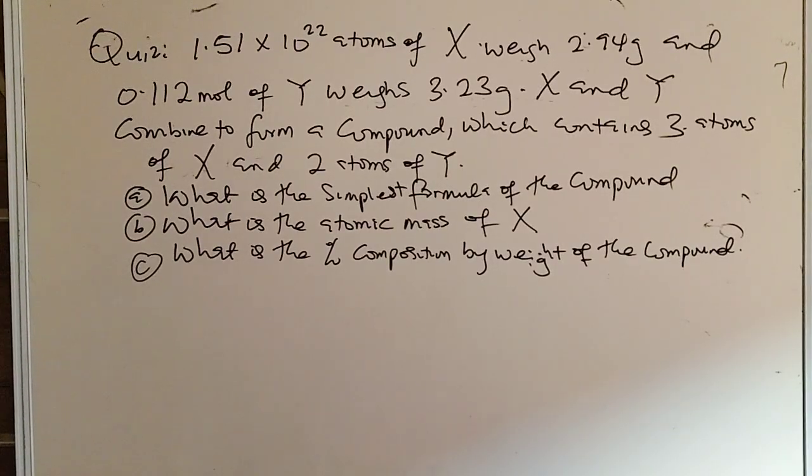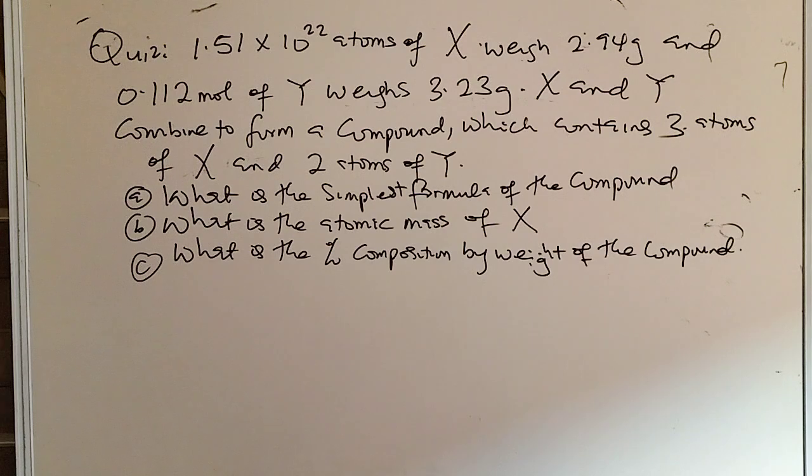So I have this question on the board that says: 1.51 times 10 to the power 22 atoms of S weigh 2.94 grams, and 0.112 mole of Y weighs 3.23 grams.